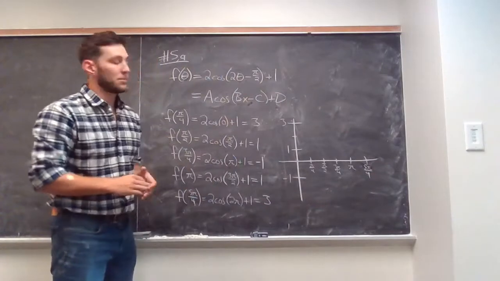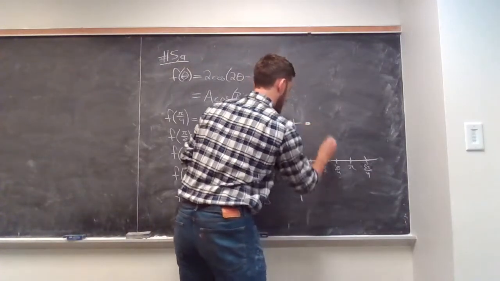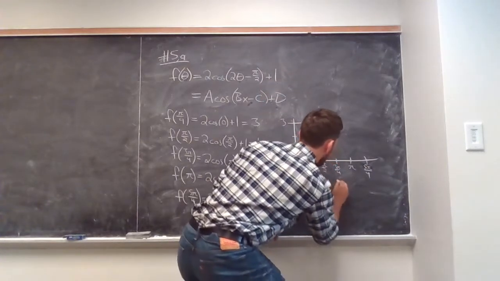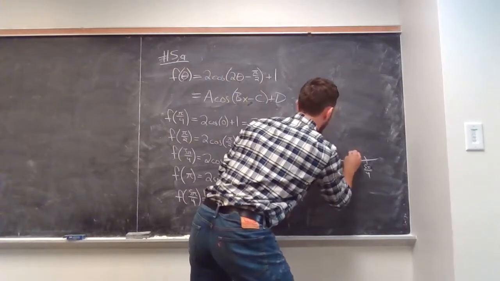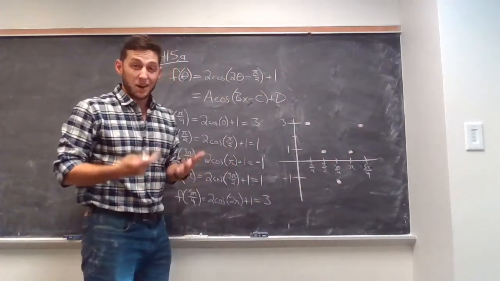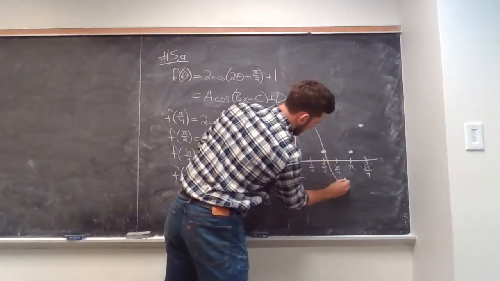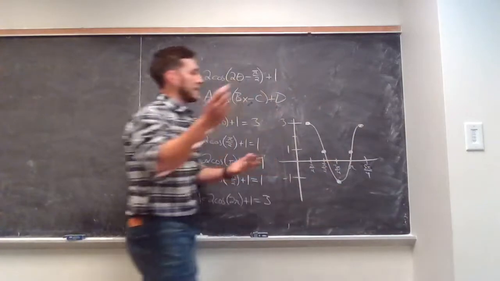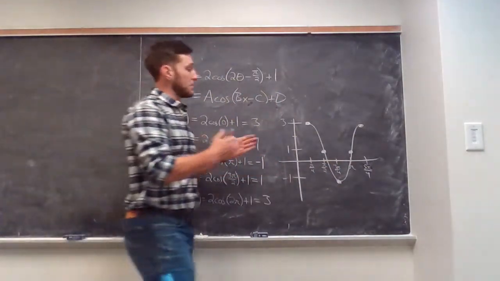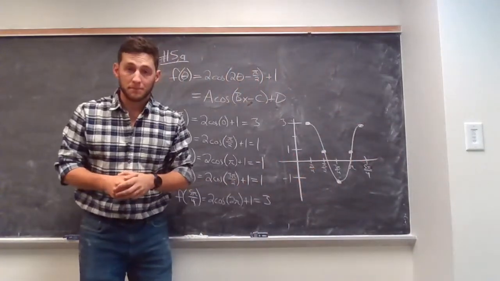And then just label my points. Positive 3 at pi over 4, then to positive 1, to negative 1, to positive 1, up to 3. And then just make it look like a cosine function. Something like that. If I asked you to do more periods, all you would do is repeat, just copy paste this image right next to it, and you're good to go.